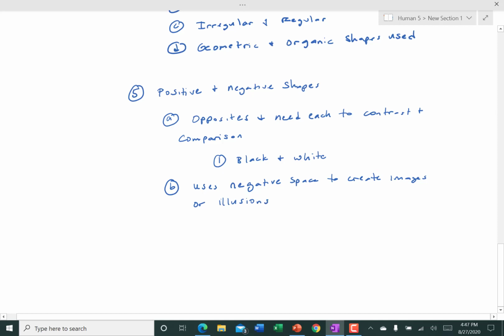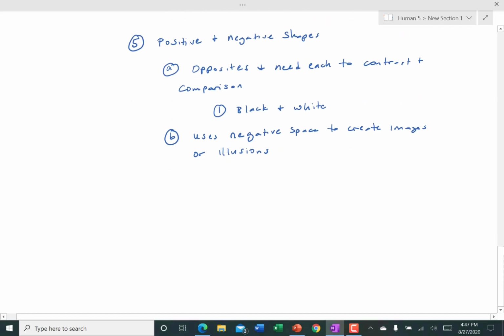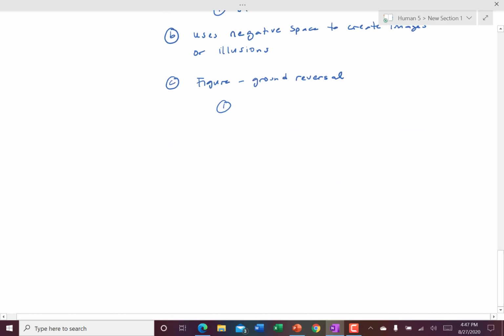So let me do the one last thing with positive and negative, which is called figure ground reversal. And this is, like I said, often done only with positive and negative shapes as well.